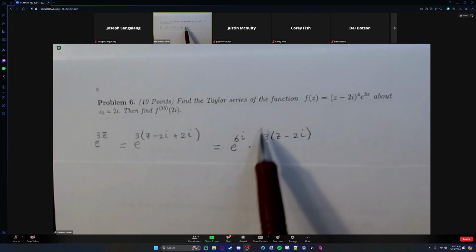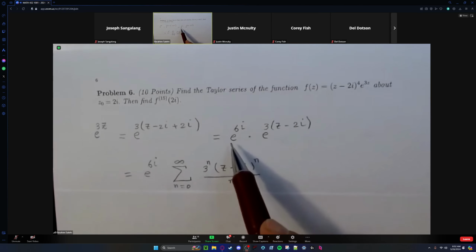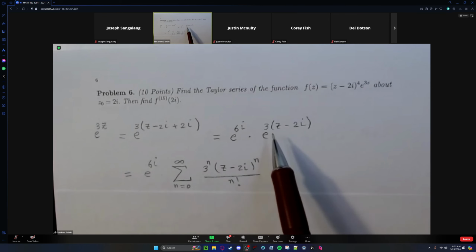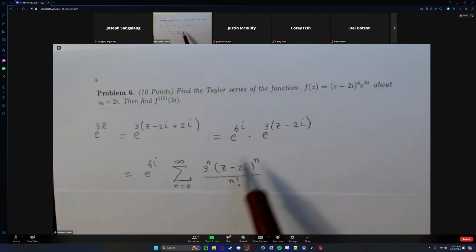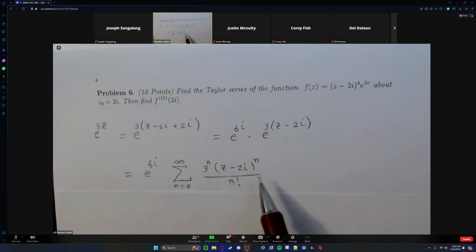And we know e to the anything, e to the w, we know the expansion of that. In this case, here is e to the 6i, and the expansion of this guy will be this to the n divided by n factorial. So this is just e to the 3z, written in powers of z minus 2i.